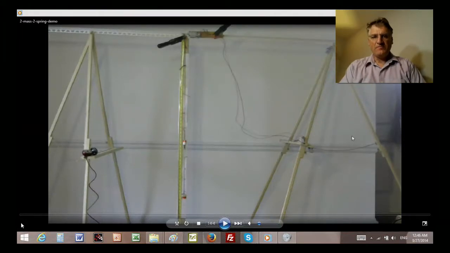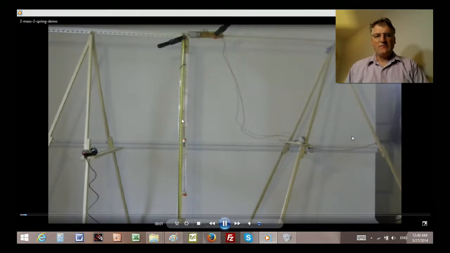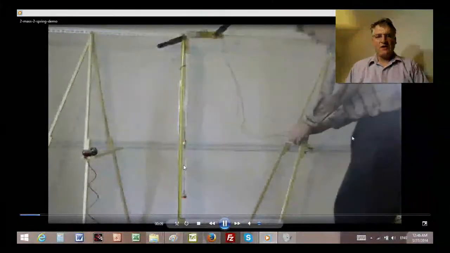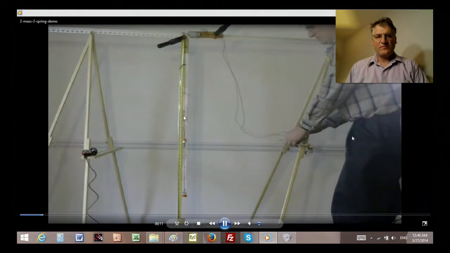The system consists of a motor and a first mass and a second mass, all of them related by means of springs, which are elastic bands, and other springs here, elastic bands as well.